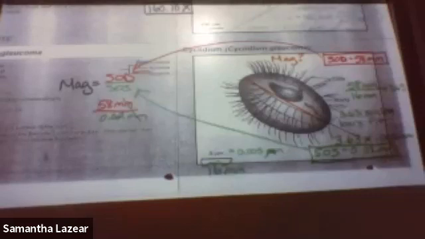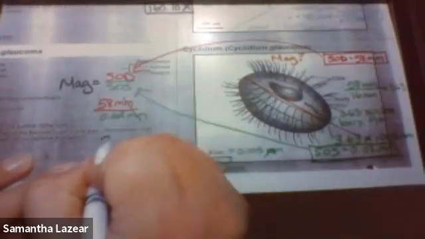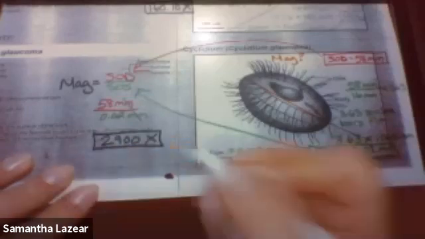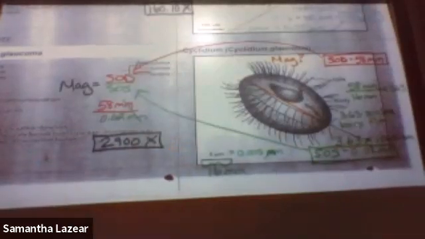I kept a bunch of decimal places and I shouldn't have. Yeah, that's right. 2,900 X. It's very large.